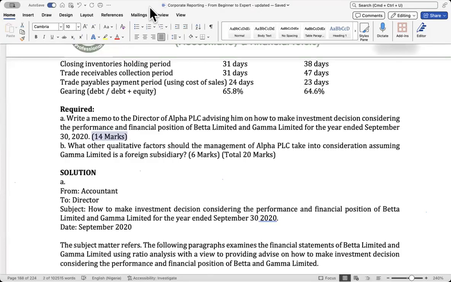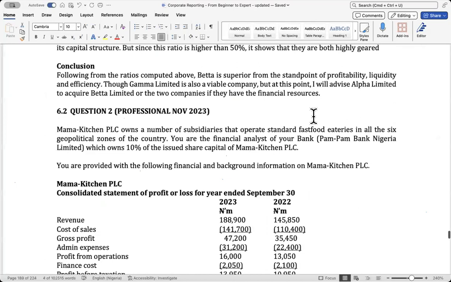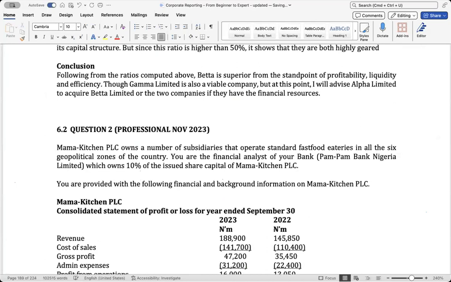Then the other parts where they wanted us to identify other qualitative factors. Other qualitative factors the management should take into consideration, assuming Gamma is a foreign subsidiary. So, which other qualitative factors do you think you will have considered that will have given you 8 marks?